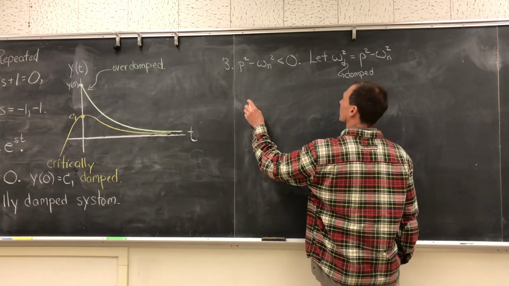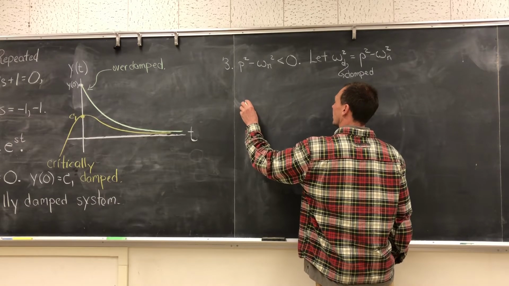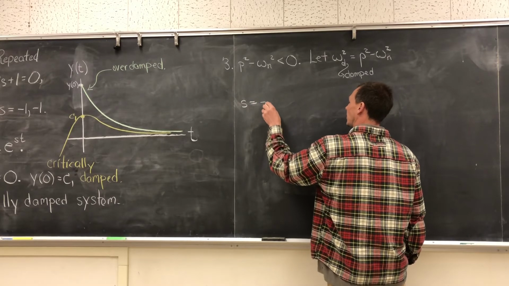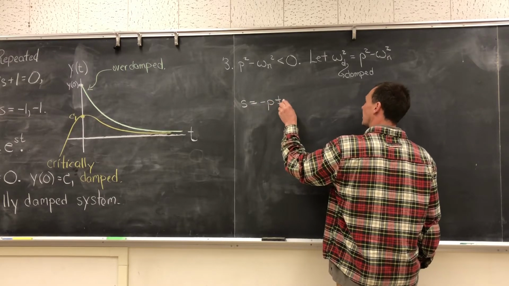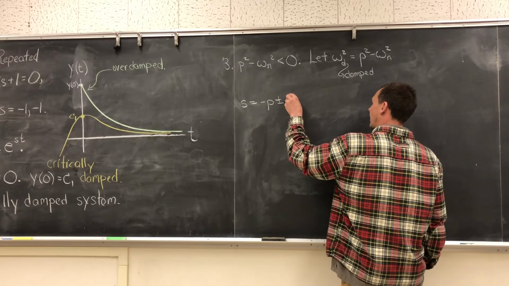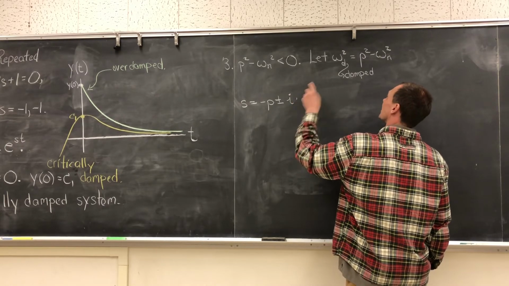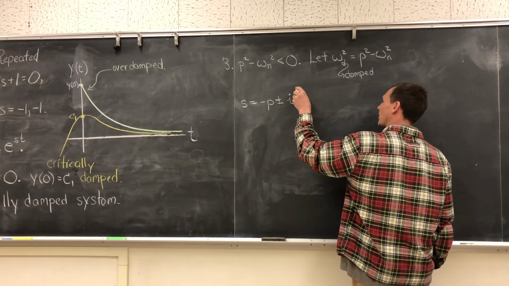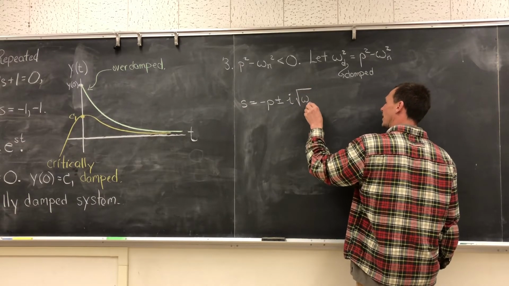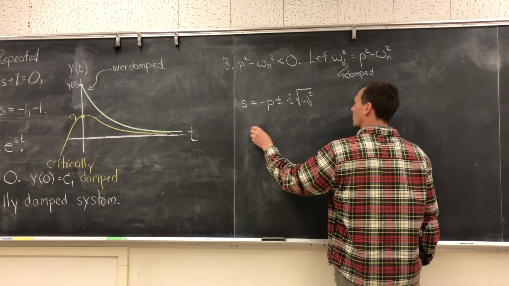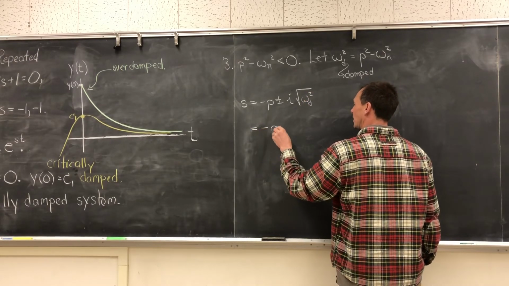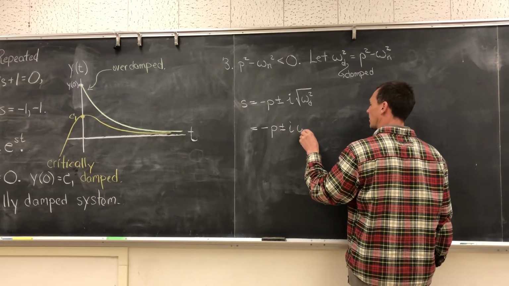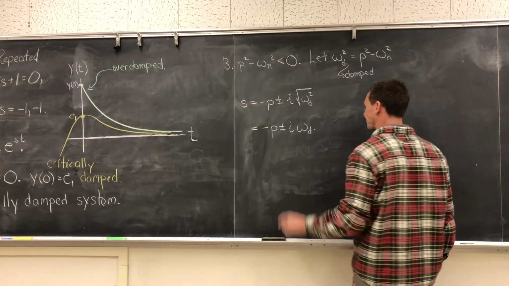Then our solution s is equal to minus p plus or minus i times the square root of omega d squared, or more simply, minus p plus or minus i omega d.